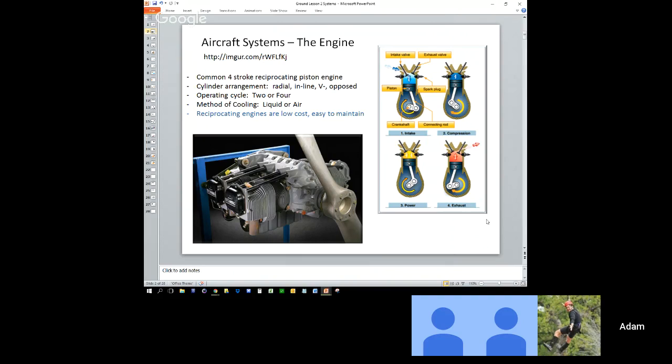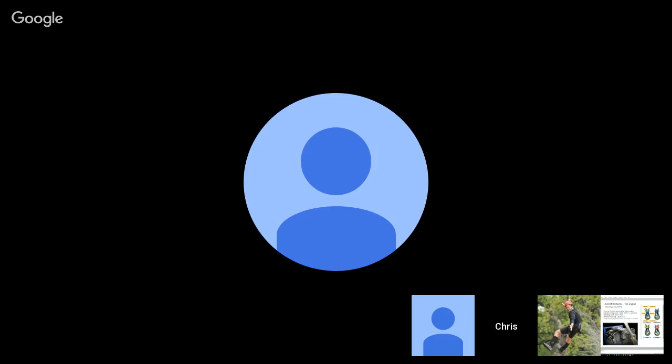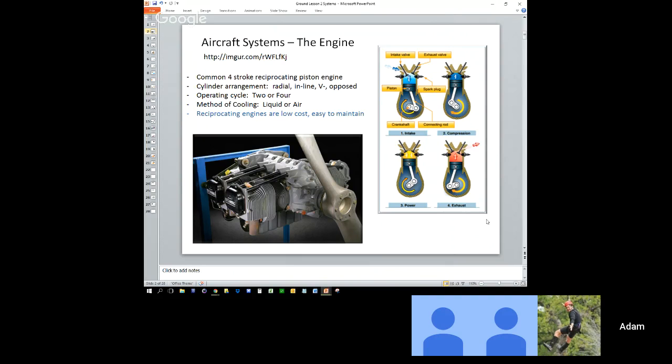As you guys know, your car engine has a radiator, and so therefore our car engines are liquid cooled. You have to put coolant in the radiator, or you can put water in the radiator. Aircraft engines, general aviation aircraft engines, are air cooled, meaning they rely on the passing of air going through the engine cowling to keep it at a nominal temperature.